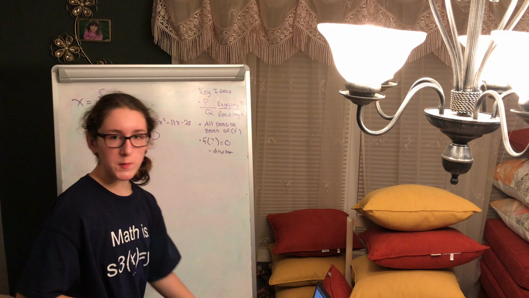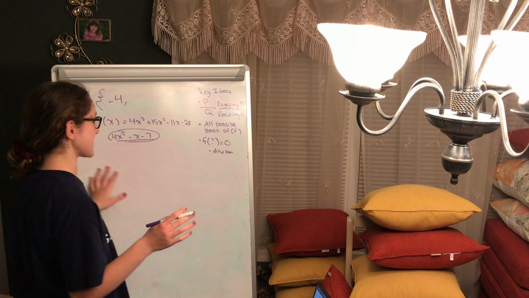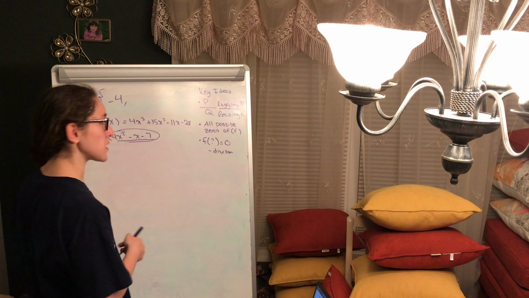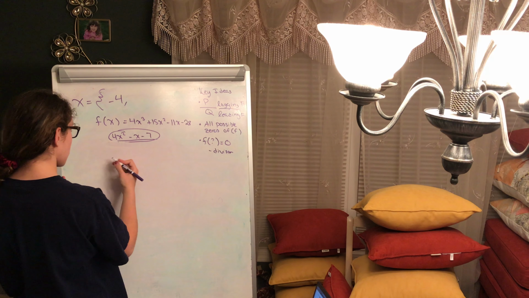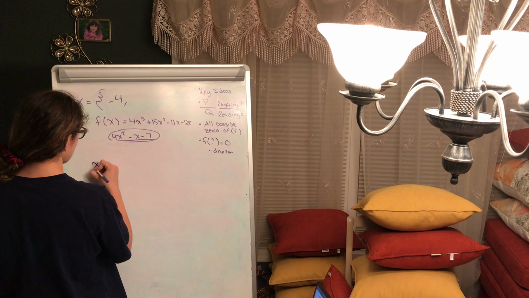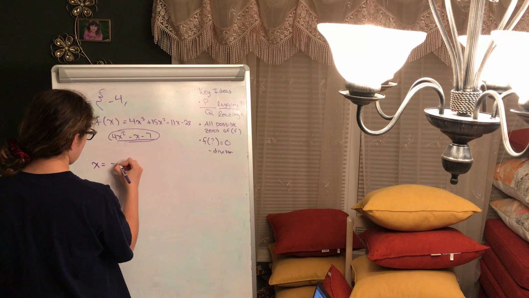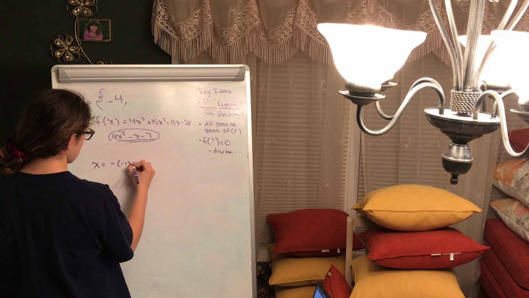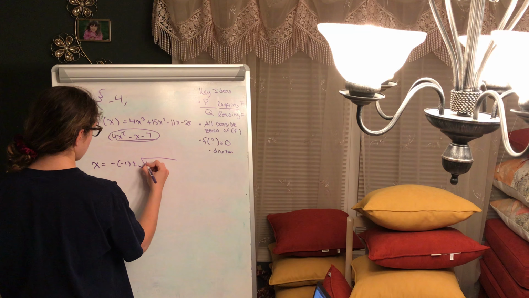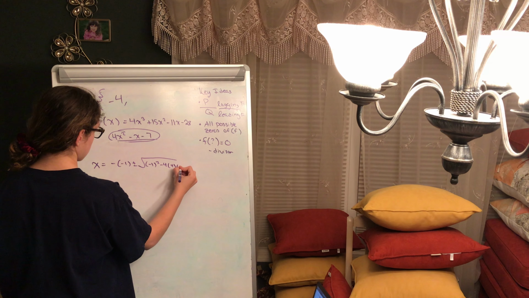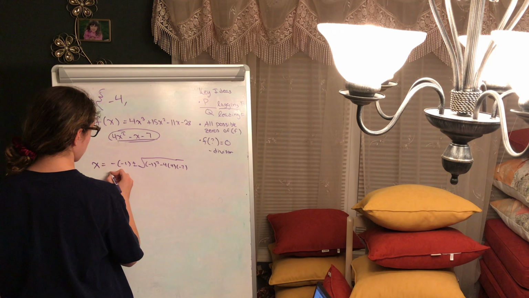How do we find the roots? Well, we're going to use the quadratic formula because I'm too lazy to do anything other than the quad formula. I guess we could do square roots, but let's just do quad. x equals negative b plus or minus the square root of b squared minus 4ac, all over 2a.